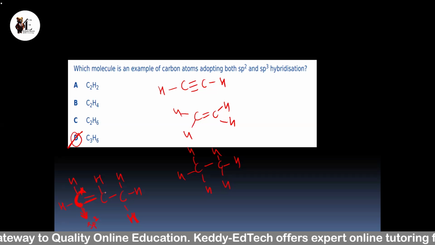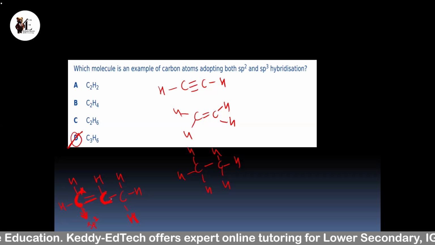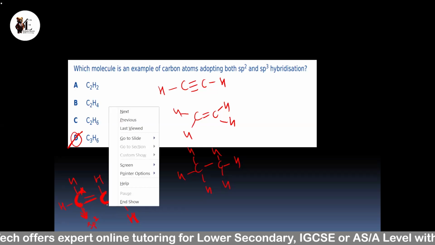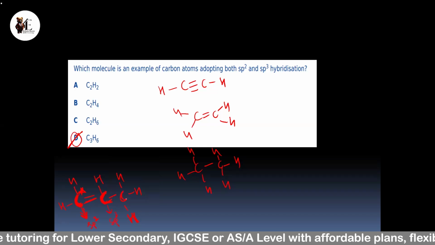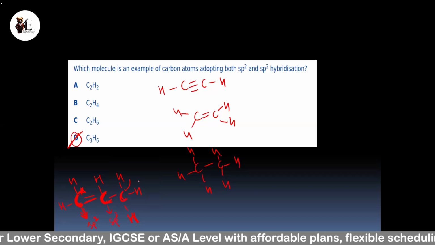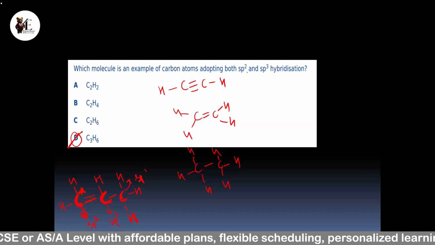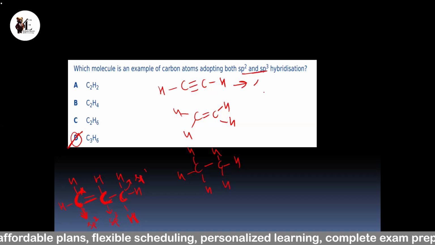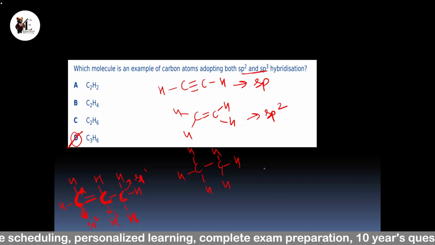And this second one, I think that's also sp2. And this third one, sp3. So D is the answer. It is an example of carbon atoms adopting both sp2 and sp3 hybridization. Because in this we have only sp. In this we have sp2 only.